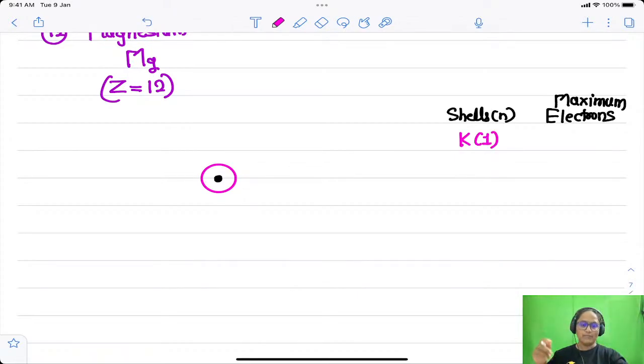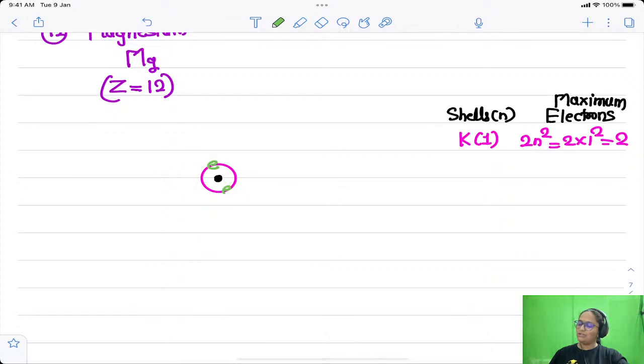In shell number 1, the maximum is given by the formula 2n square, that is 2 into 1 square, that is 2 electrons. 1 electron here, 1 electron here. So out of 12 electrons, 2 electrons are filled in the K shell, and the K shell is completely filled.